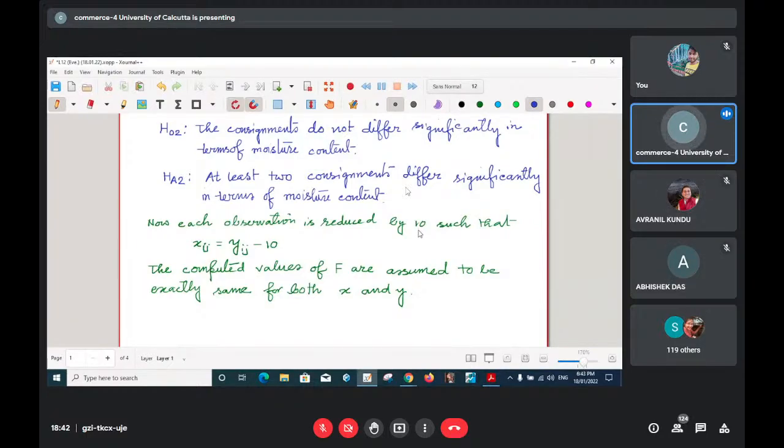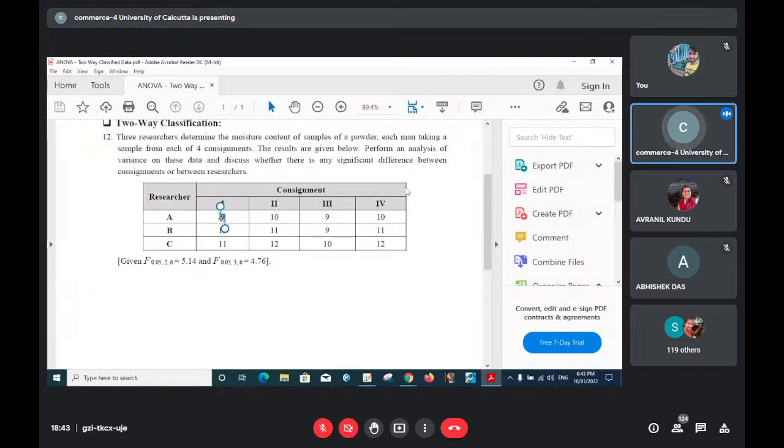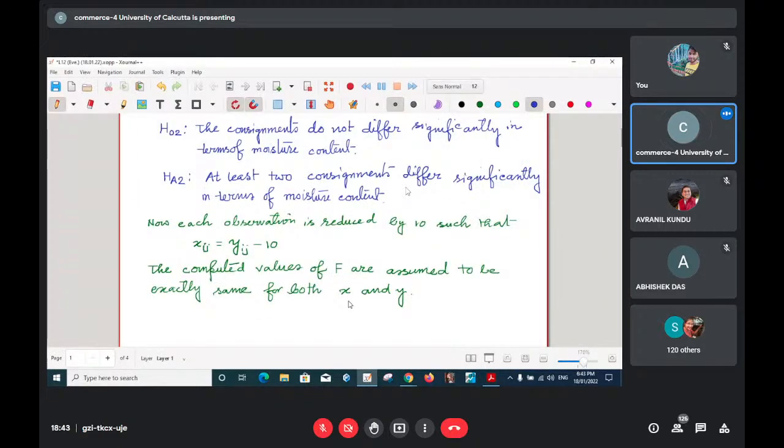Now after subtraction, what does my reduced matrix become? I told you this will be 9 minus 10 is minus 1, 10 minus 10 is 0, 9 minus 10 is minus 1, 10 minus 10 is 0, 12 minus 10 is 2, 11 minus 10 is 1, 9 minus 10 is minus 1. So in this way, after subtraction of 10 from each and every observation, it now becomes Xij.